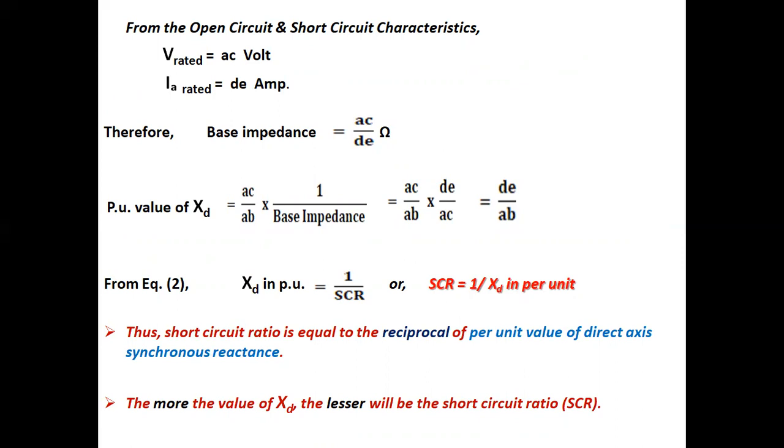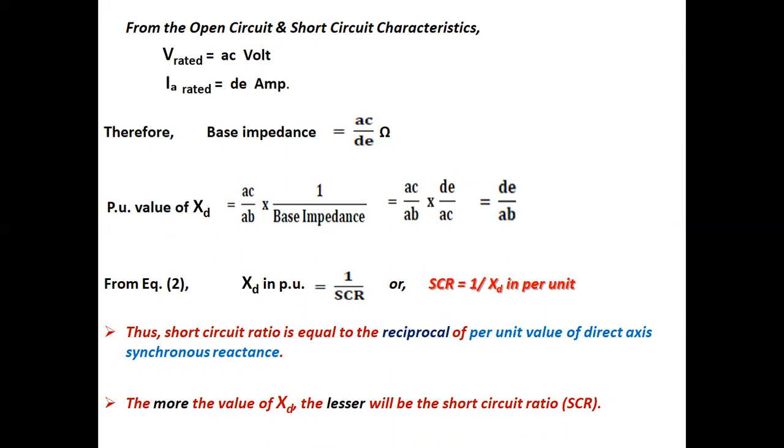Per unit value of XD is equal to AC by AB into 1 by base impedance, which is equal to AC by AB into DE by AC, that is DE by AB. From equation 2, XD in per unit value is equal to 1 by SCR, or SCR is equal to 1 by XD in per unit.